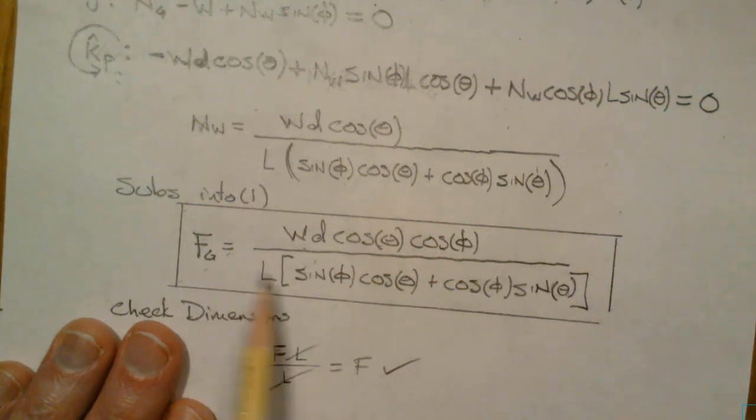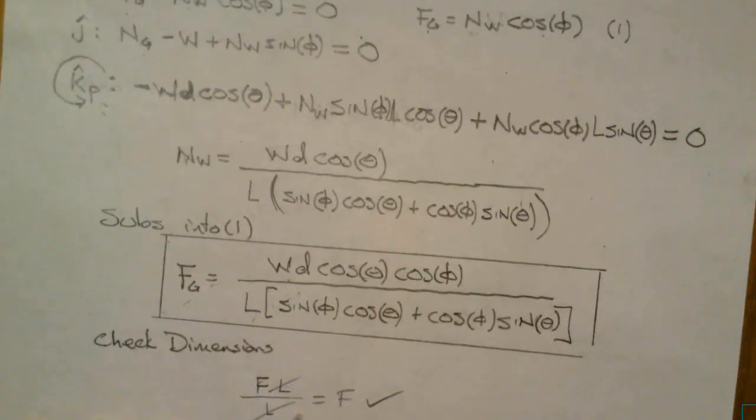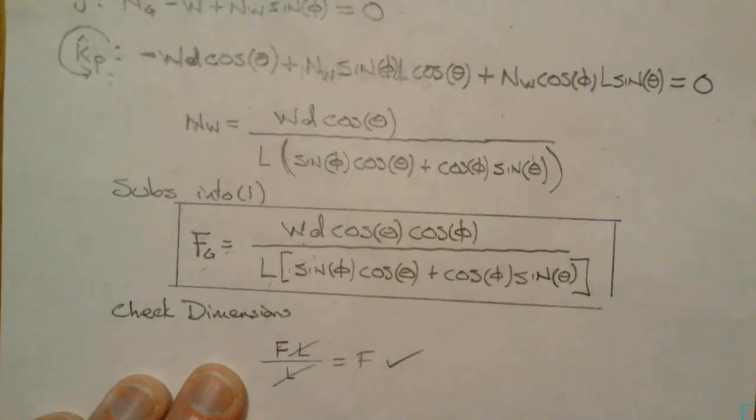To do that, they have to have the same dimensions. You can't have 32 pounds equals 4 feet, right? It doesn't make sense. And in this case, there is consistency dimension-wise. So we're happy with this, at least dimensionally, and I'm feeling more confident about my solution now. All right, the dimension won't catch all your mistakes, but it'll certainly catch some of them.